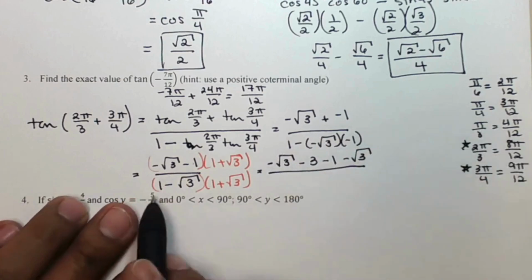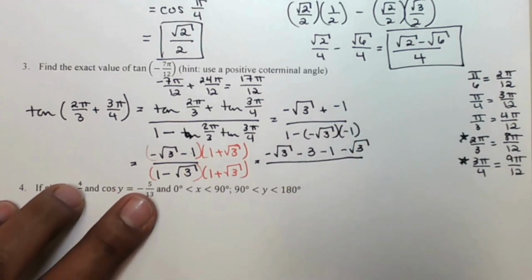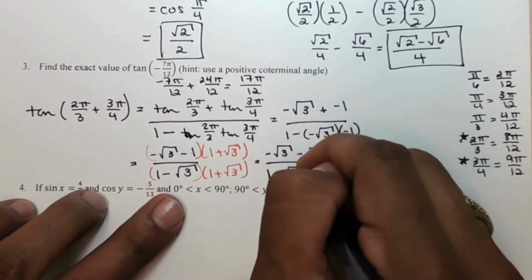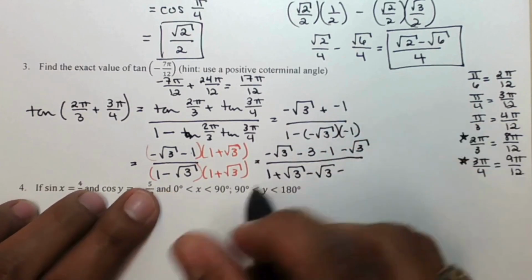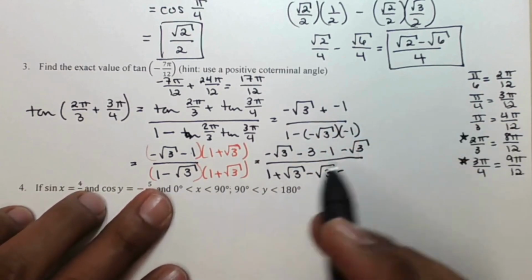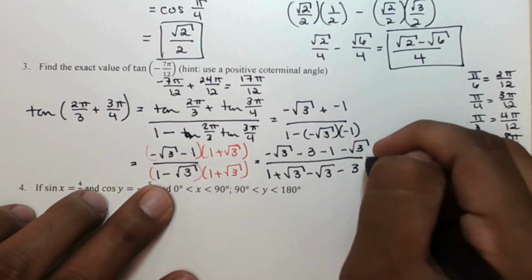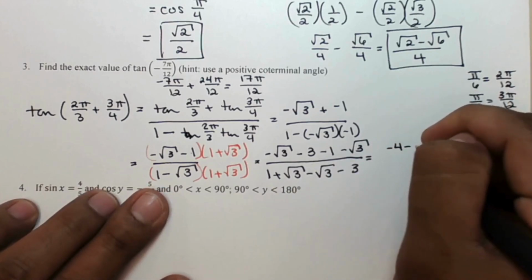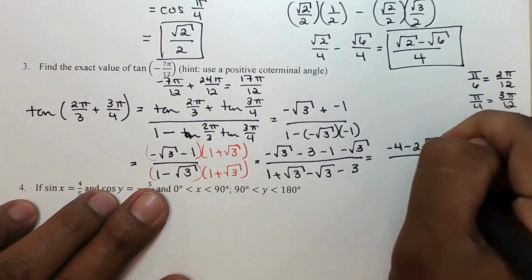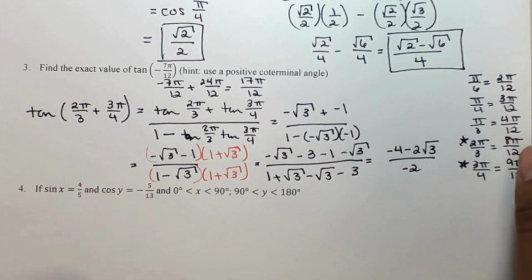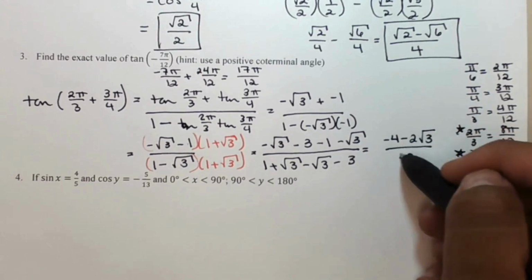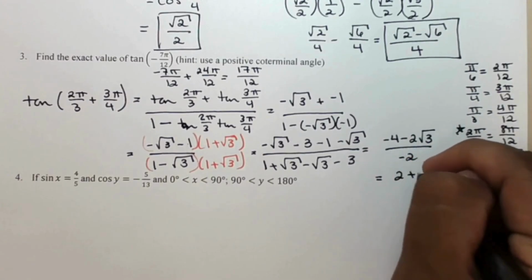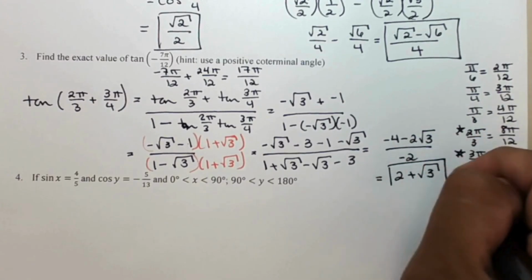Some of y'all can see that the bottom is a difference of two squares, but to show all my work for everybody, I'm going to FOIL out the bottom as well. Again, negative root 3 times positive root 3 leaves you with negative 3. So the top simplifies to negative 4 minus 2 root 3, and the bottom simplifies to negative 2. All those outside numbers are divisible by negative 2, so you end up getting 2 plus root 3 as your final answer.